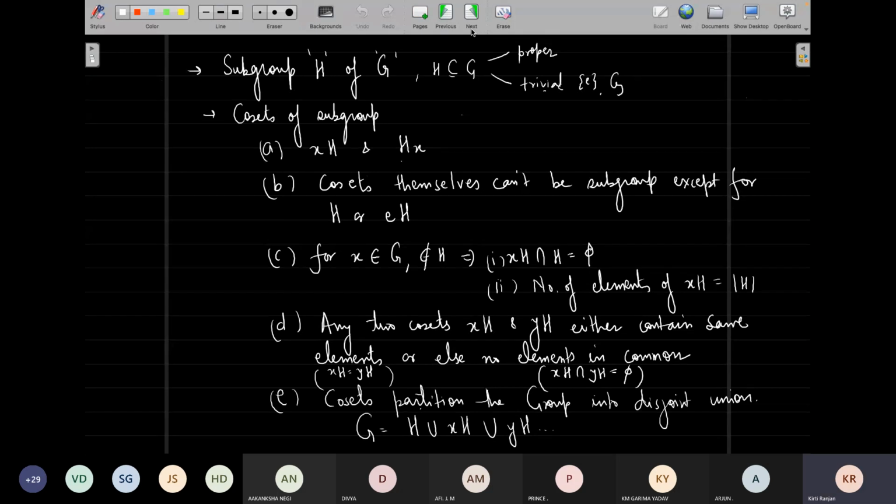So in essence the cosets partition the entire group into a disjoint union, so that the entire group can be written as H union xH union yH. And what is meant by disjoint? It is just that xH intersection H is phi, yH intersection xH or yH intersection H is phi. So that is the disjoint word here. This is what we were doing.